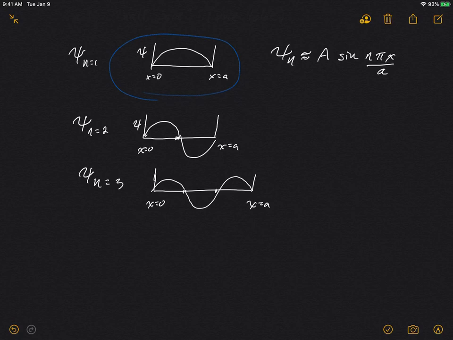Now let's move to another issue, which is normalization.